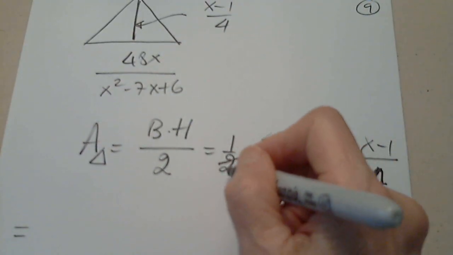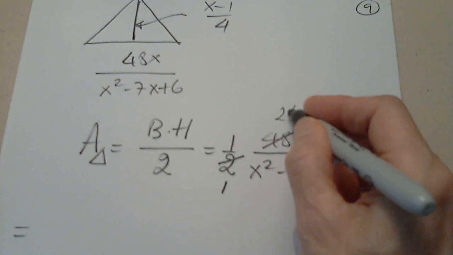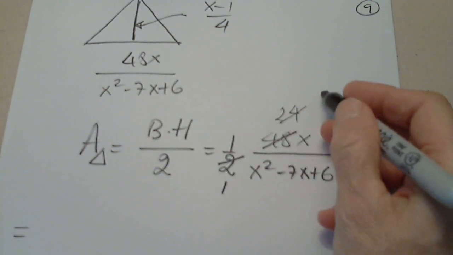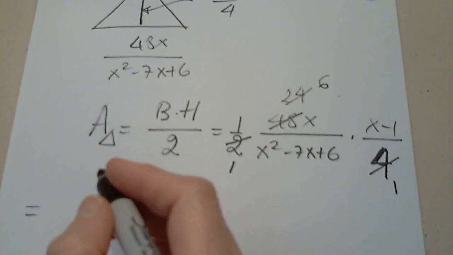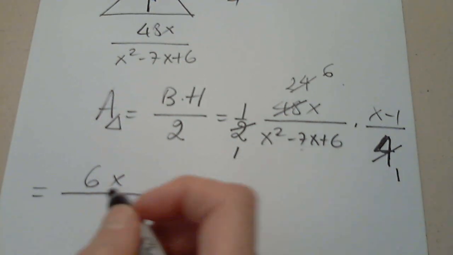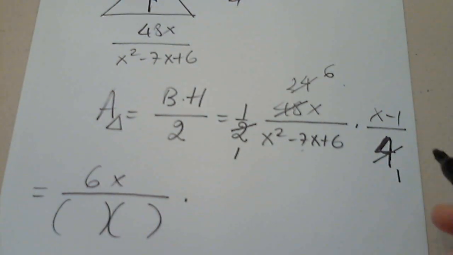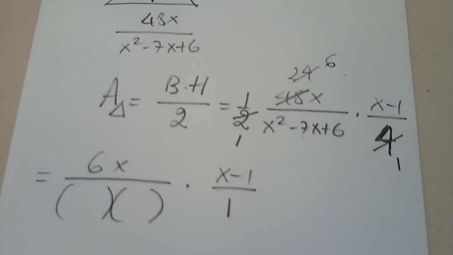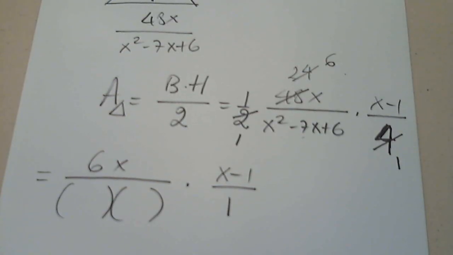I'm going to simplify by 2, but I can also simplify by 4. So we have 6x in the numerator. We're going to factor x squared minus 7x plus 6 and multiply it by x minus 1 over 1. Clearing factors that are numbers is always wise to get them out of the way immediately. First I simplified by 2 and I got 24, and then I simplified by 4.